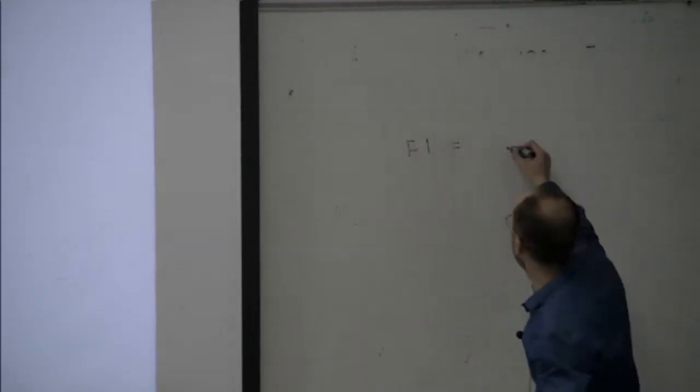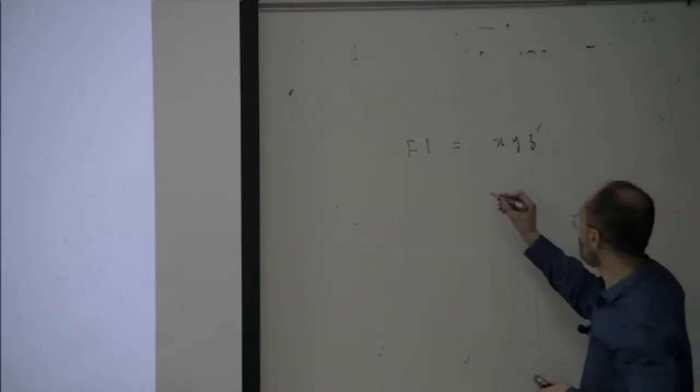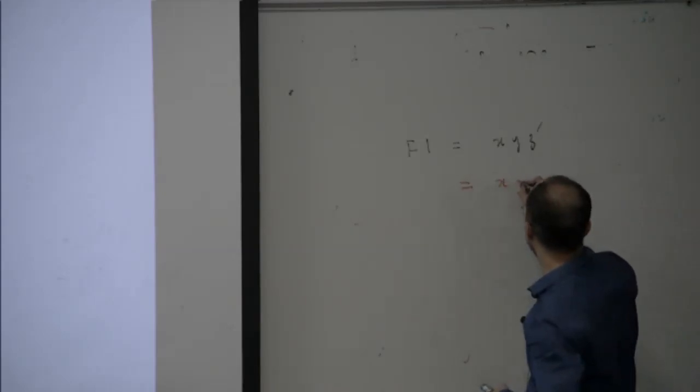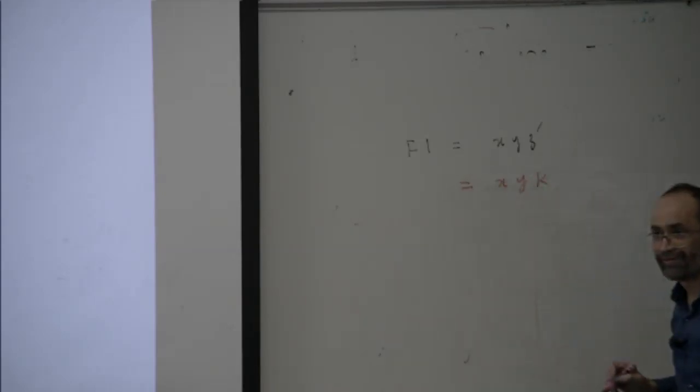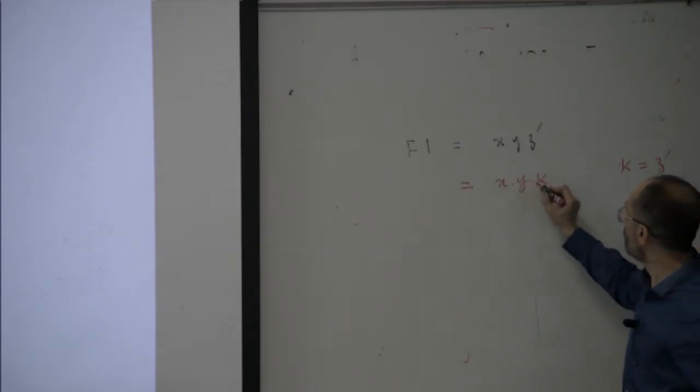F1 is a function: F1 is x y z bar. Can we write it like this: F1 is equal to x y k? What is k now? Z bar. So x dot y dot k is what?